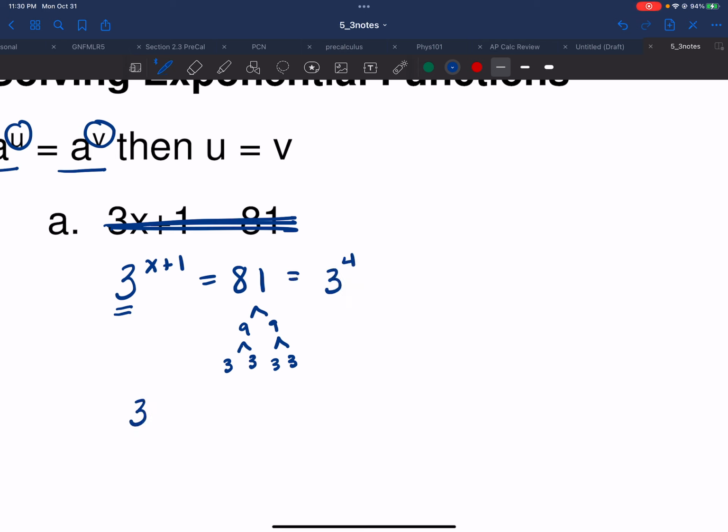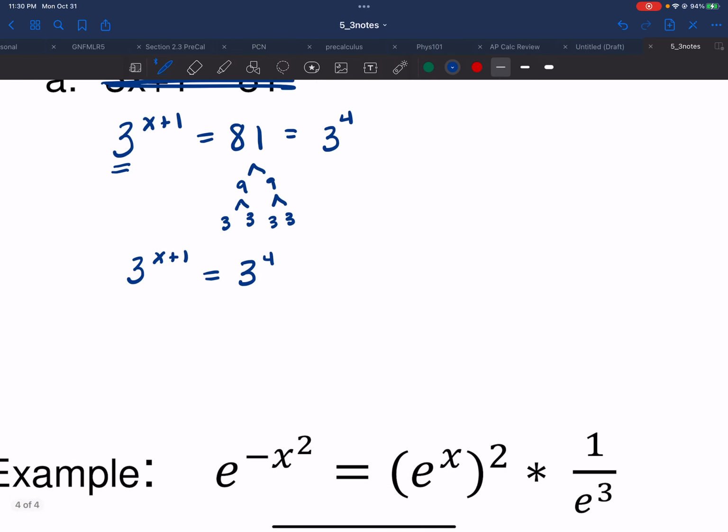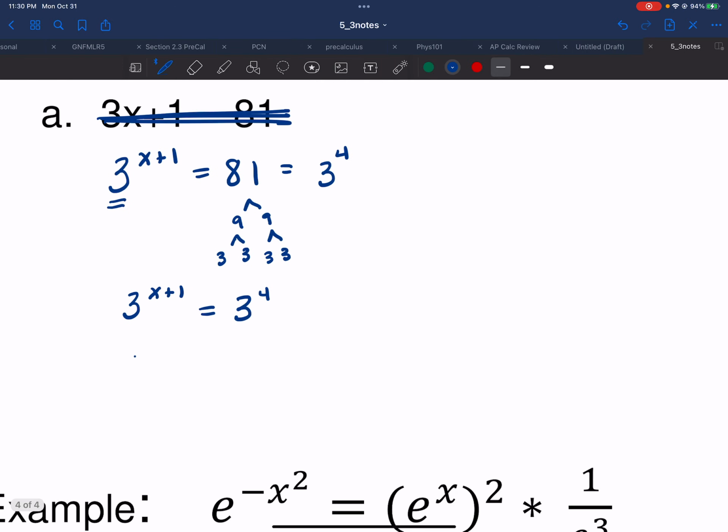So if 3 to the x plus 1 equals 3 to the 4th, see where I'm going with this? Then we can set the exponents equal to each other. So x plus 1 equals 4. Subtract 1 from both sides, and x is equal to 3. So that's how we're going to solve it.